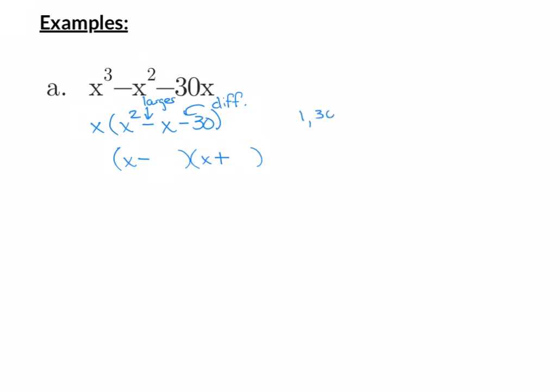We get 1 and 30, 2 and 15, 3 and 10, 5 and 6. Since they are different signs, we want it to subtract to 1, so we're going to work with 5 and 6. My larger number, I want it to be negative, so we get x minus 6, x plus 5.